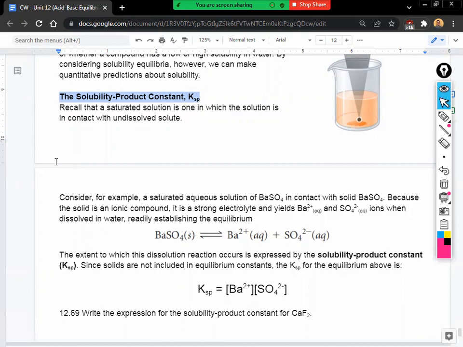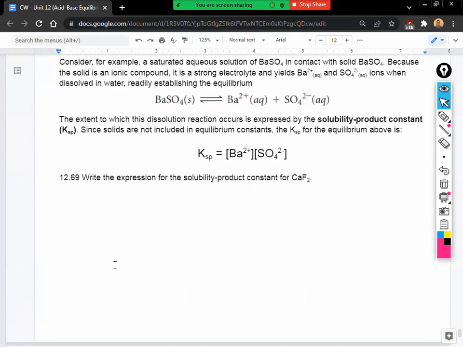Okay, and all we really need to know how to do is how to write the expression. It's the same thing as all the other K expressions. You just need to write the products divided by the reactants. So we have an example right here. We have barium sulfate, and we're gonna see what if this thing dissolves inside of a solution.